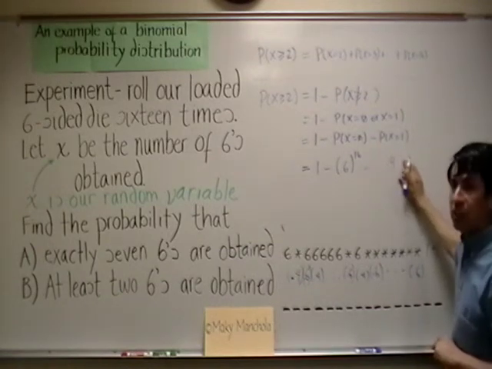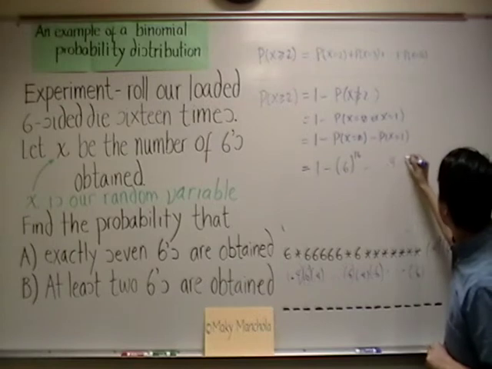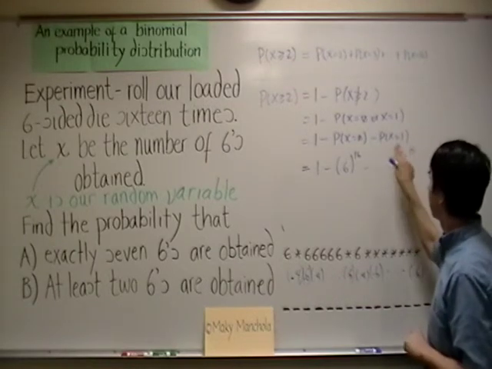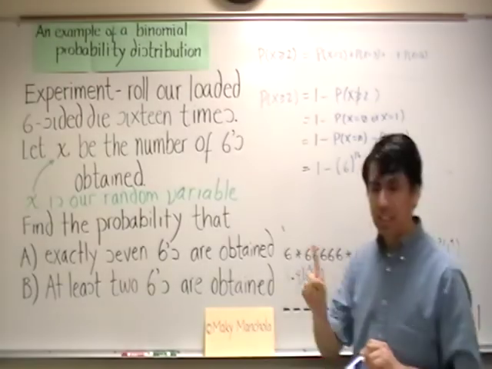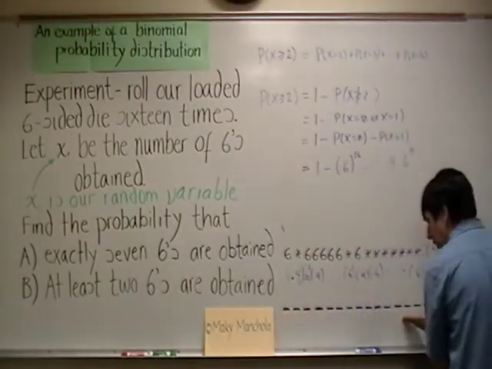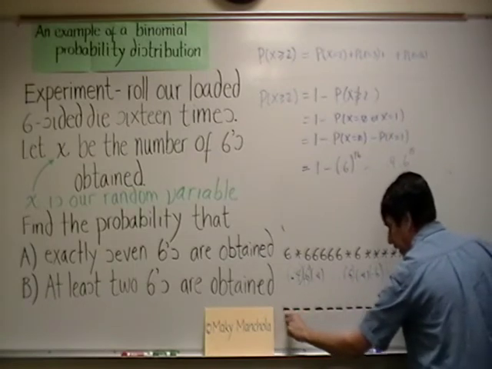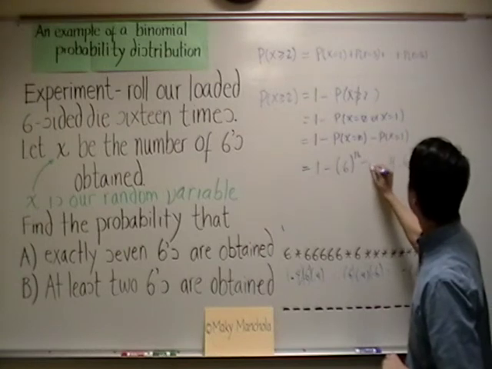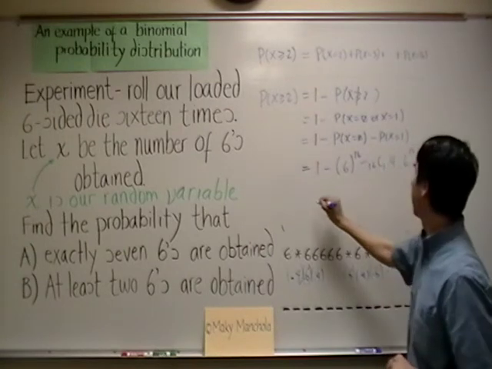And you want 15 non-sixes, so that's 0.6 to the 15. Now, how many outcomes are there that have exactly 1 six? Well, let's see. You want to position 1 six in one of these 16 slots. There are 16 choose 1 ways of doing that.